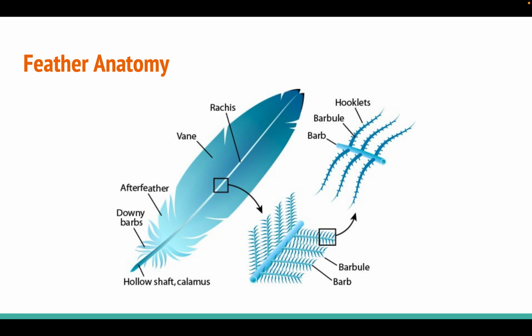The structure of a feather is quite intricate, actually. It's very lightweight. Most of you have probably seen or picked up a feather before, but there's this large shaft called the rachis running up the middle of it, and then there are small fibers coming off of the center one, and you can see this little blown up area is what that looks like there, and there are even smaller barbules coming off each barb.